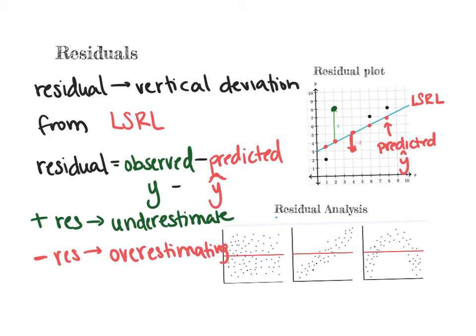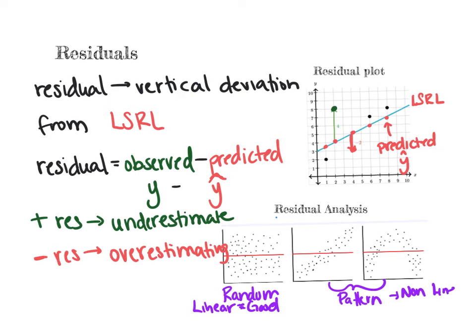So when we talk about patterns, what we want to see is random scatter. If it's random like this, that means a linear model is a good fit. It means linear is a good fit if it's random. If you start to see patterns such as here, that means that some non-linear model is a better fit.